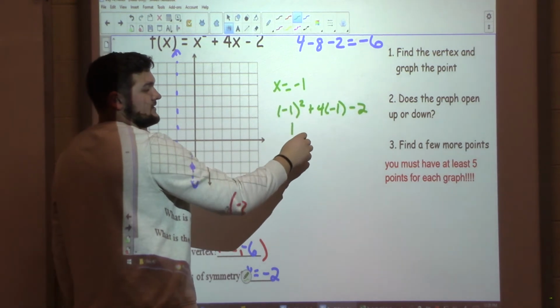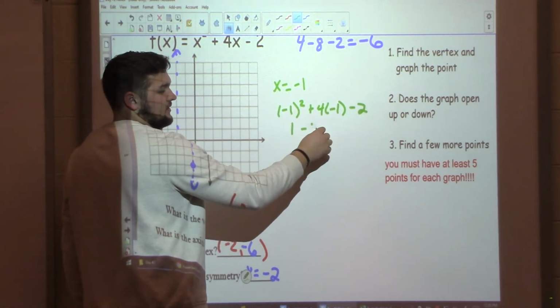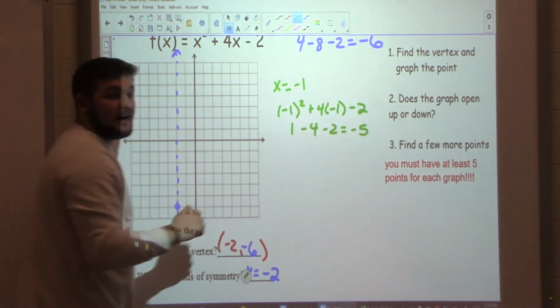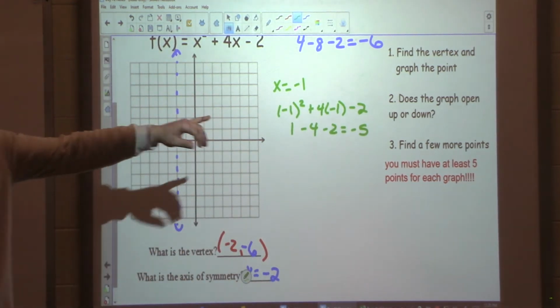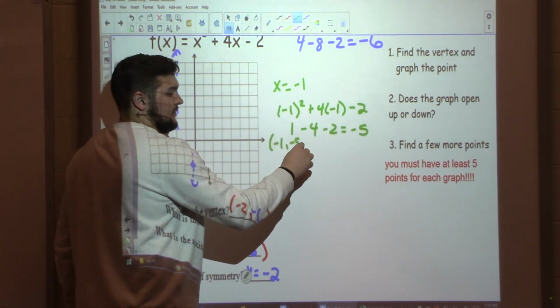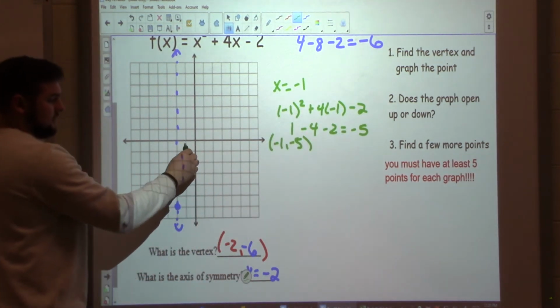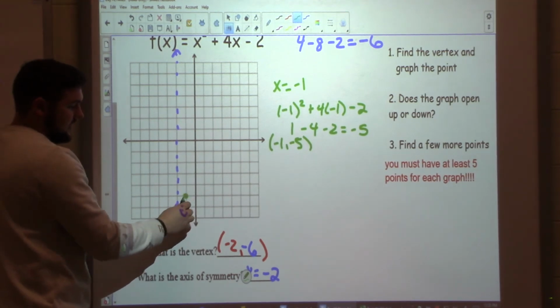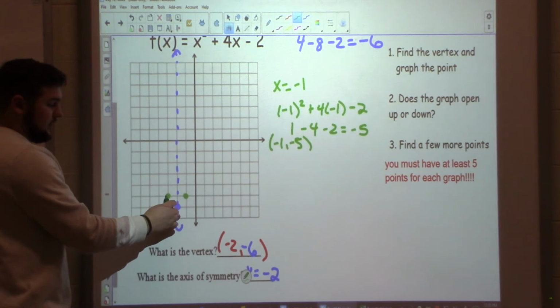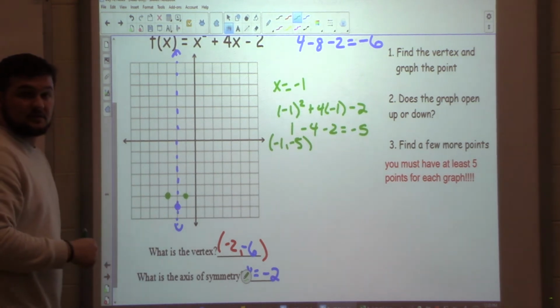Negative 1 squared is positive 1. 4 times negative 1 is negative 4, minus 2. I should get negative 5. So at negative 1, negative 5, I should have my second point. And when I get a point, guys, I can mirror it across my axis of symmetry.